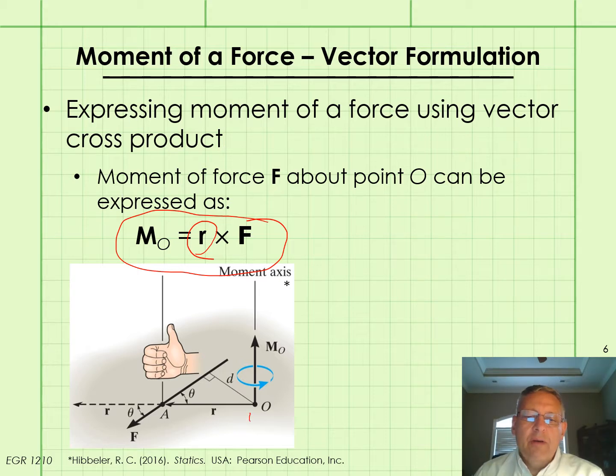Here's point O. Here's F acting along its line of action. And R can be this position vector or any one of an infinite number of position vectors from O to F.